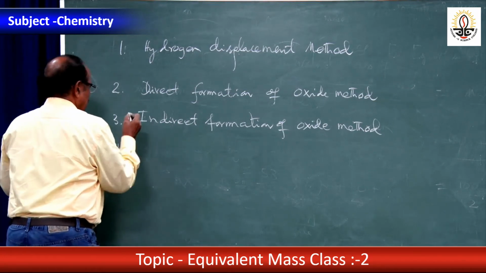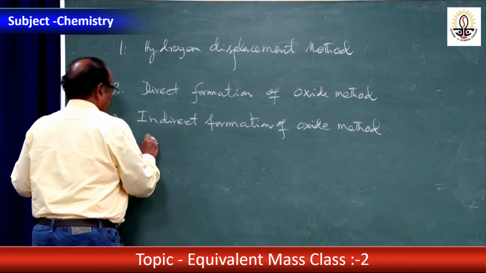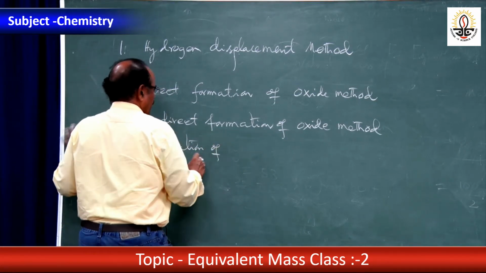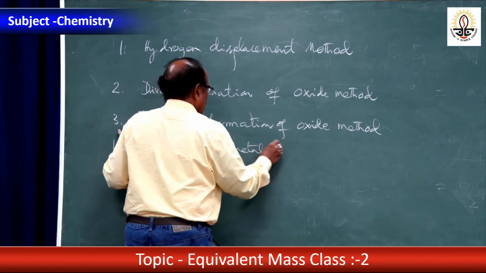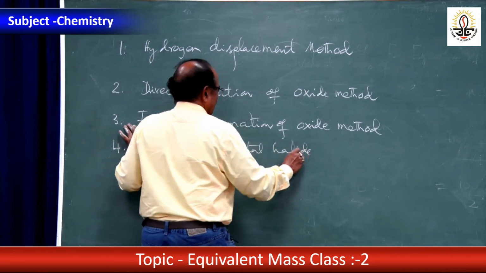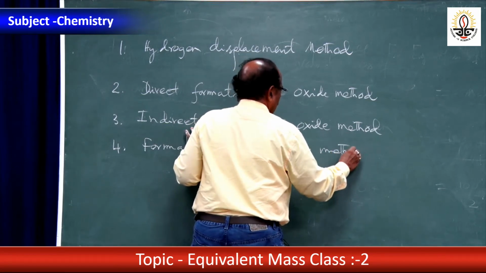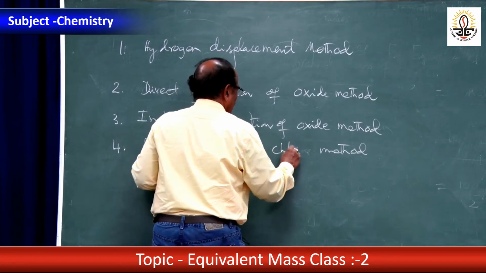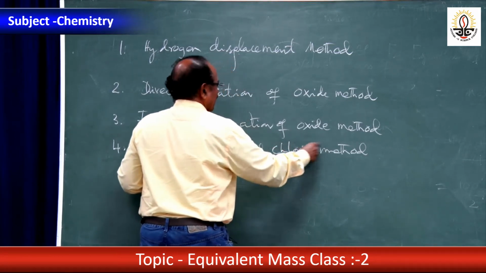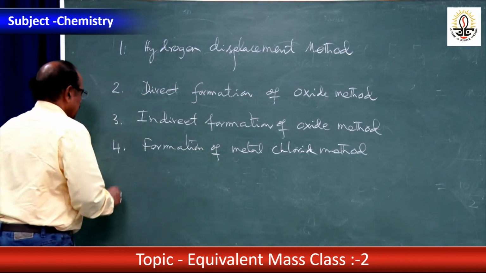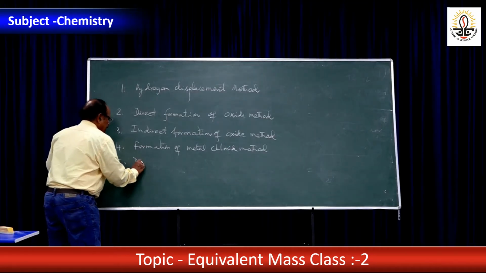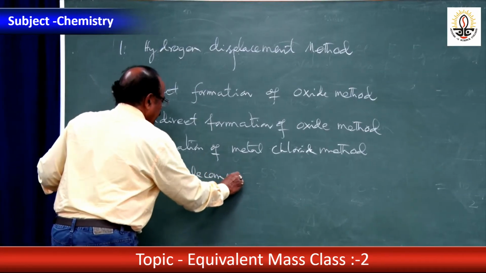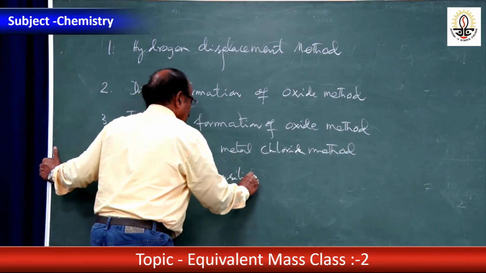Then fourth, the formation of metal halide method. We will allow the element to combine with halogen, metal chloride, you can say the metal chloride method. We will allow it to react with chlorine and find out. Then fifth, the double decomposition method.